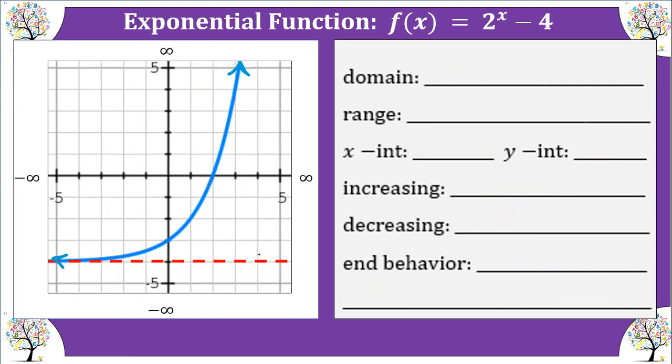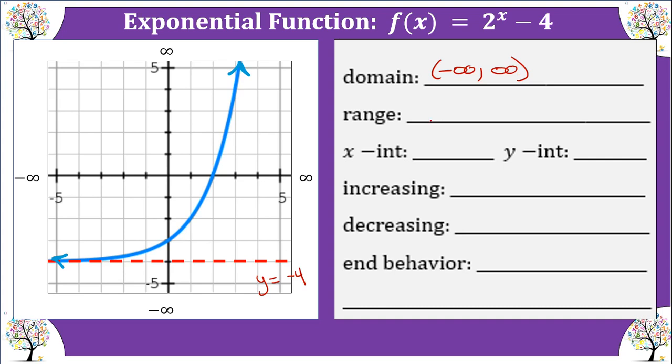Our exponential function, let's notice our asymptote here. I'm going to go ahead and write in y equals, and that looks like -4. So our domain, as we go left on the graph, our graph continues toward negative infinity. As we move right, our graph extends to positive infinity.